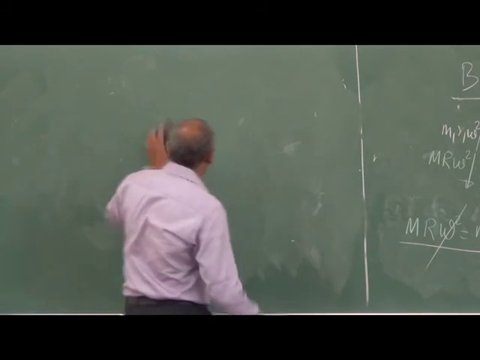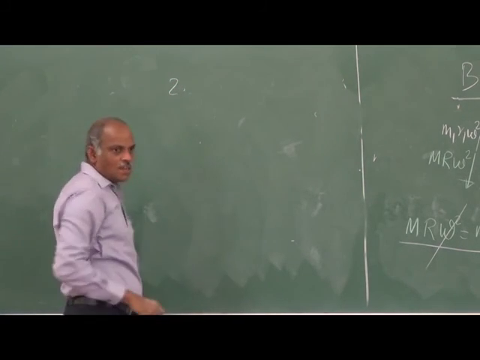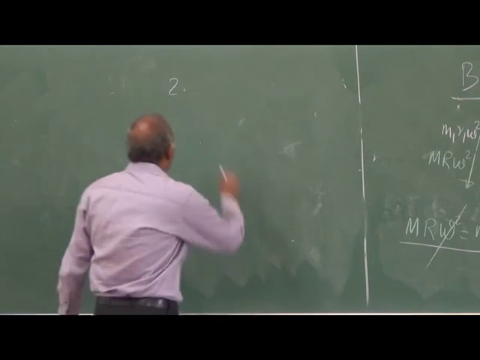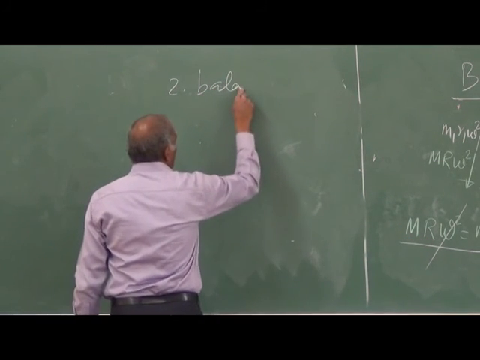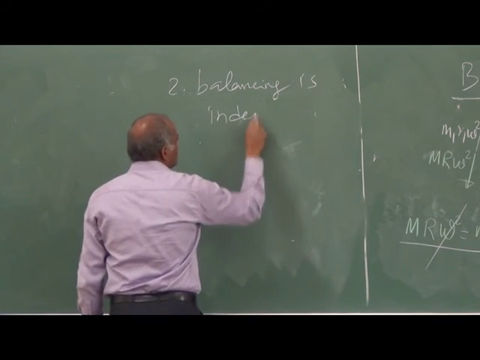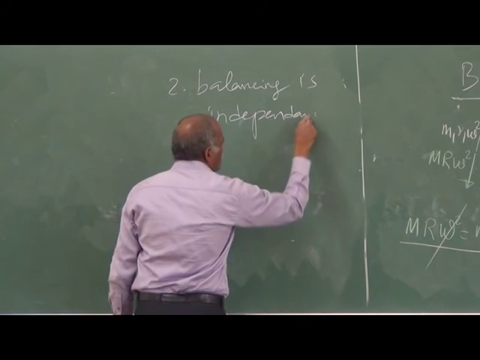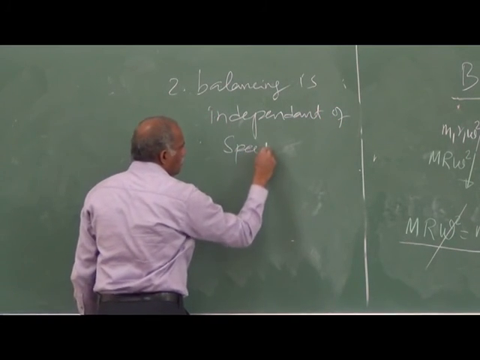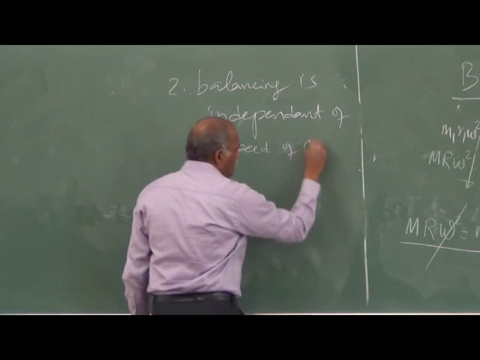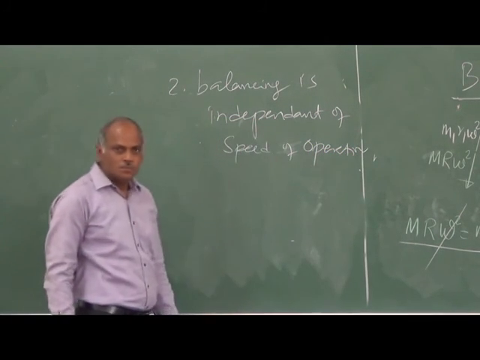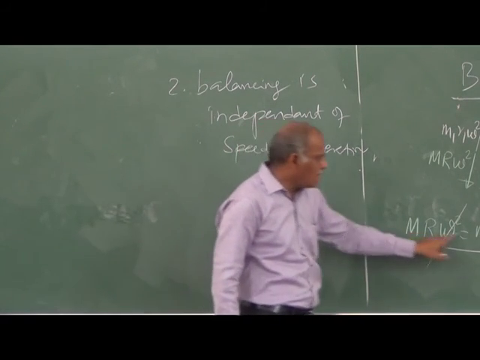The second inference that we can make is that balancing is independent of the speed of operation. Here you see in the condition, omega is removed.